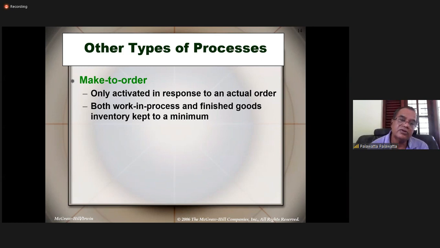That's how just-in-time production philosophy uses the make to order concept, and here both work in process and finished goods inventories are kept to a minimum. By doing so, total cost of production is minimized.